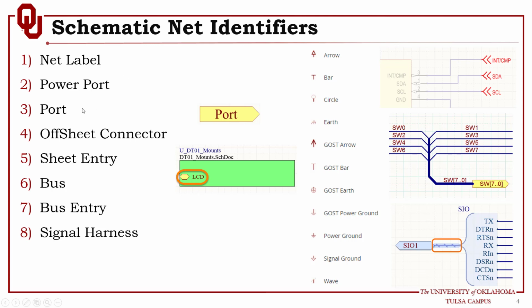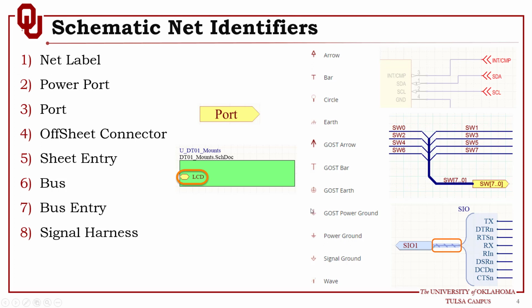The second identifier or object is the power port here. These are different types of power ports, as you can see: the ground port, the VCC port, or the VDD port. All of these are different types of power ports, and these are global, meaning if you place them on any sheet, all of them will be connected together as long as they have the same name.